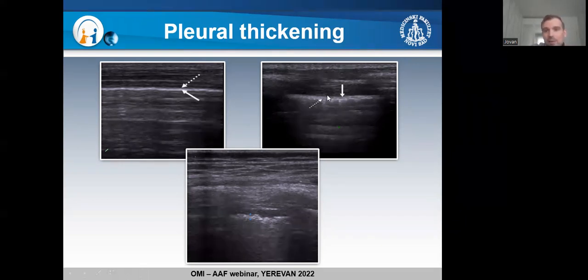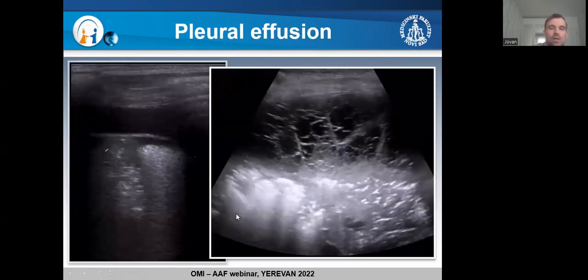And here you can see parietal pleura that is very thin and just a slightly thickened visceral pleura here. Then again, parietal pleura, very thin, small pleural effusions, and thickened visceral pleura. I guess you know this.